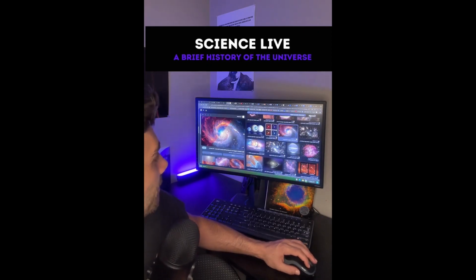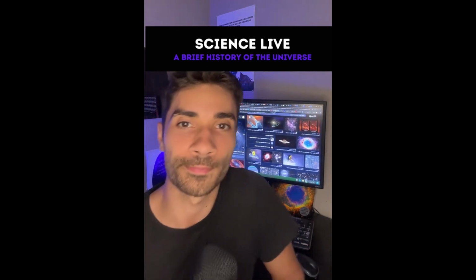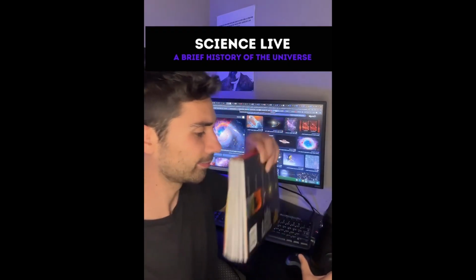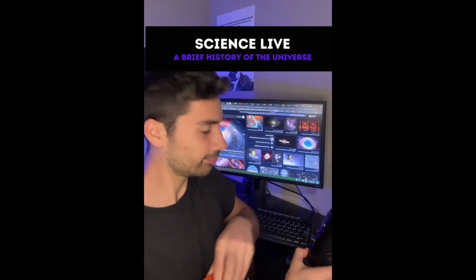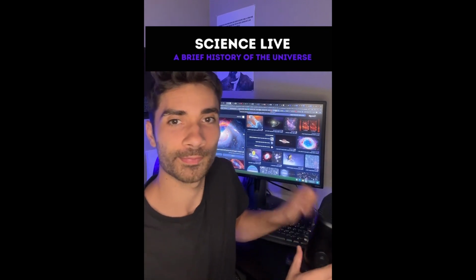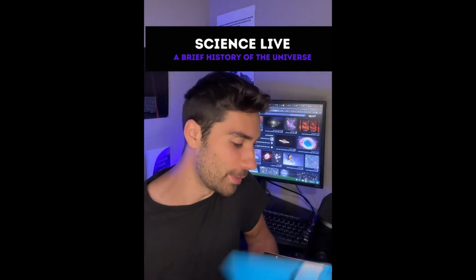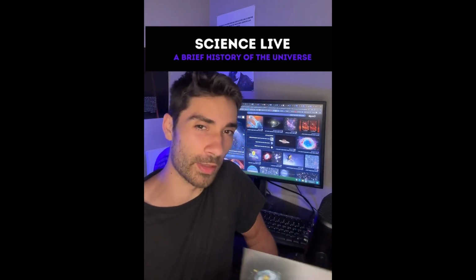Here's some galaxies. Here, I have a book to better see it. These are Hubble images, though. These aren't James Webb images.